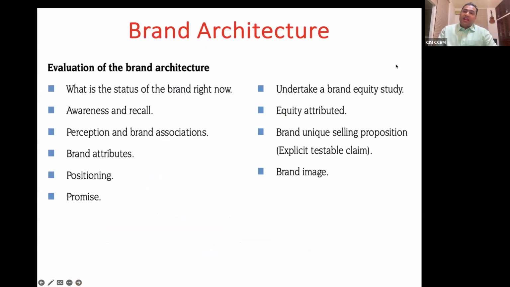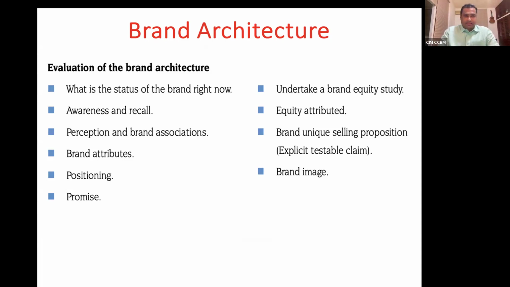Then we come into the brand architecture, the components of a brand's architecture. So the architecture comprises all these pieces. The status of the brand right now, the awareness levels. If you speak to 100 people on the road randomly and ask them, have you heard of this brand? Would they know?